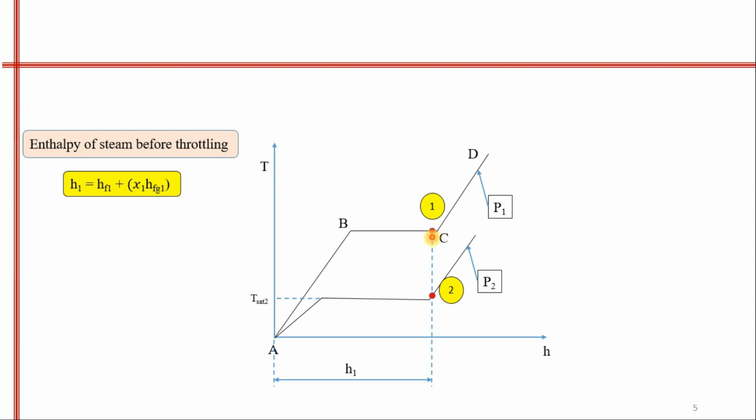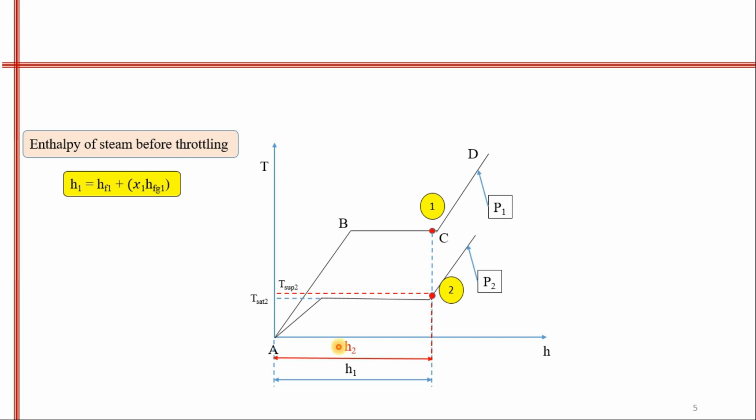So we find the intersection of this enthalpy H1 and this pressure line. We can find the new state of steam after throttling in the superheated region corresponding to pressure P2. The temperature will be T superheated, measured by a thermometer, and the enthalpy will be H2.